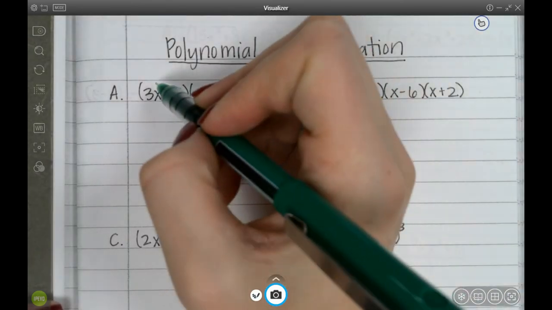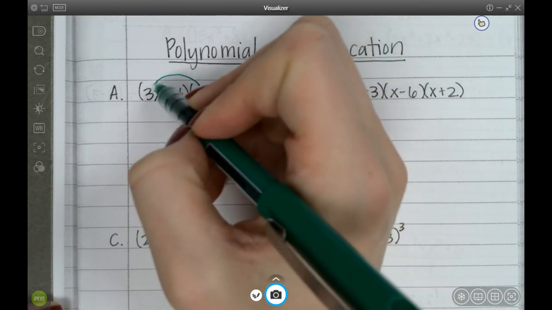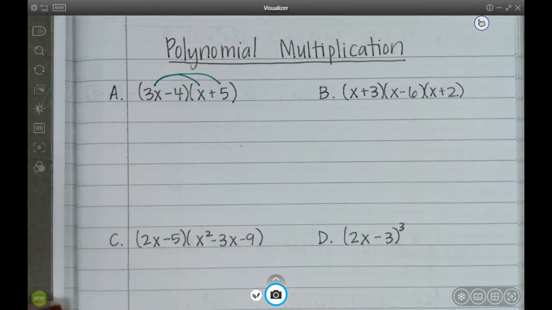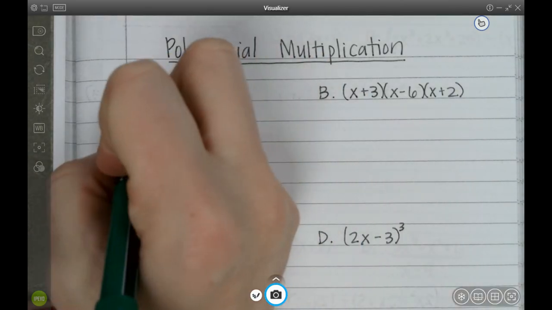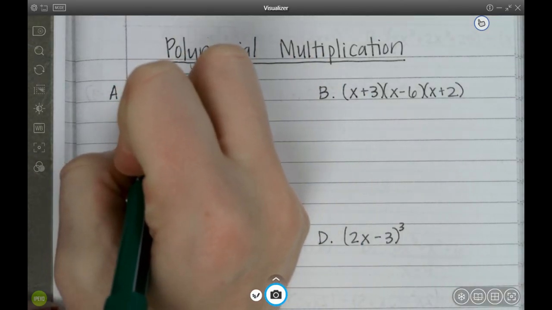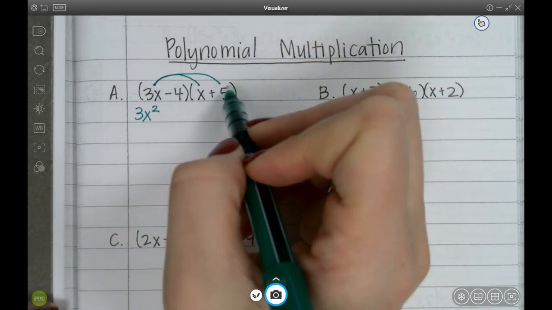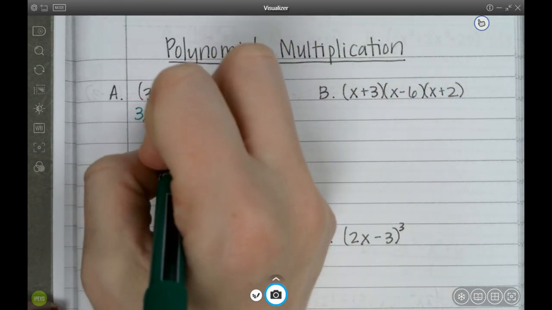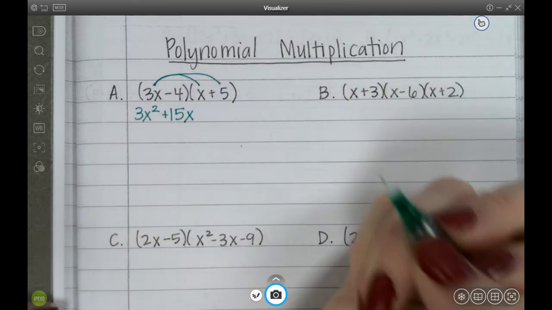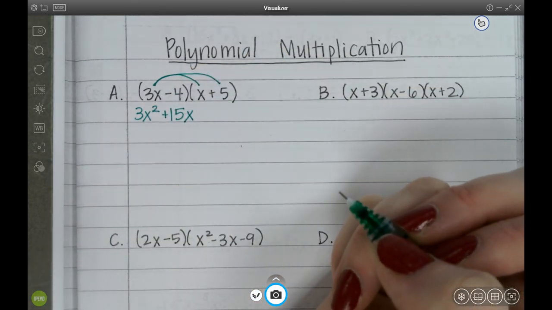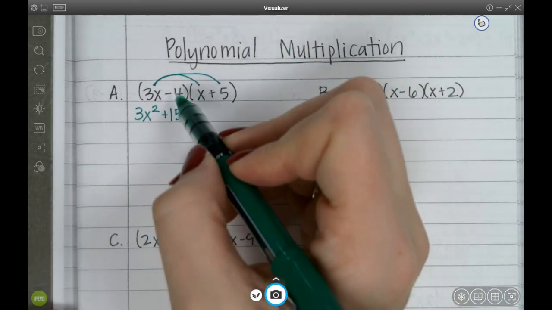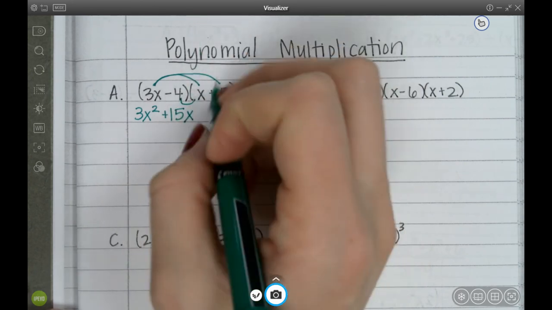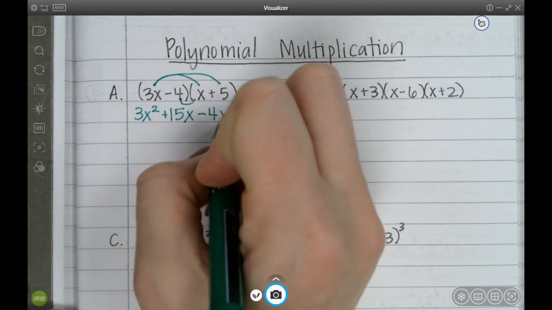Okay, so I'm going to multiply my first term times both terms in the second set of parentheses. 3x times x is 3x squared. 3x times 5 is 15x. And you're going to do the same thing with your second term. Negative 4 times x is negative 4x.